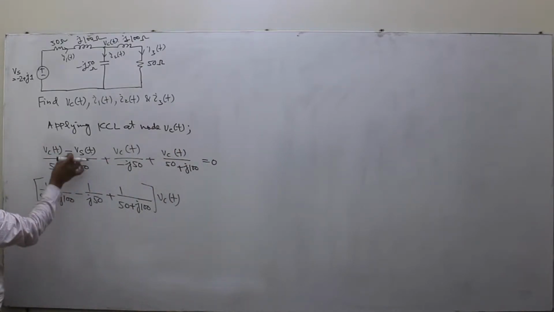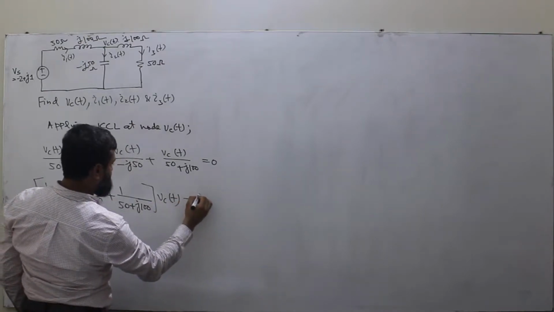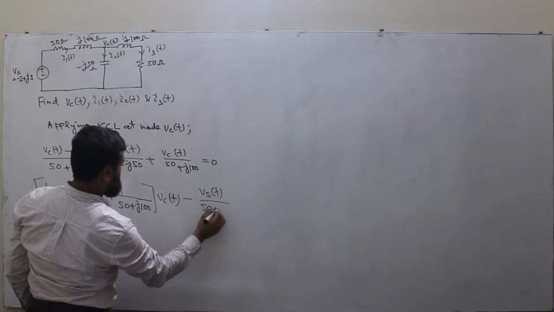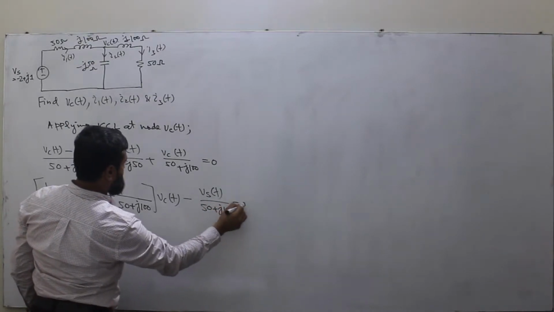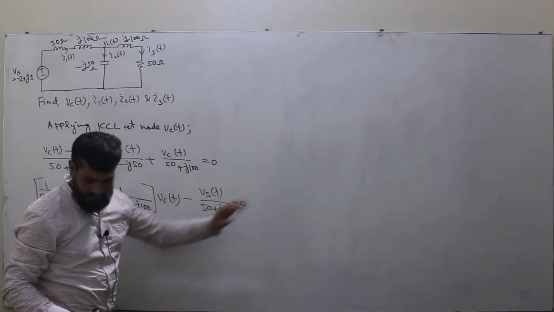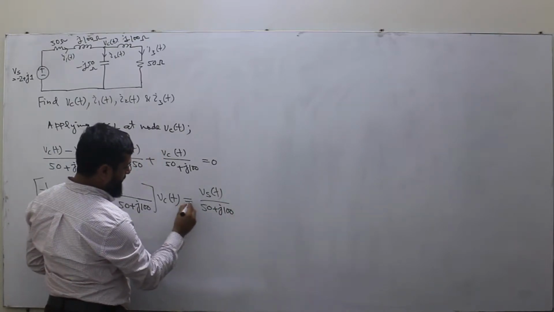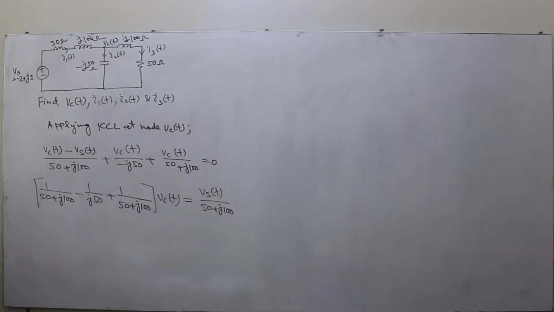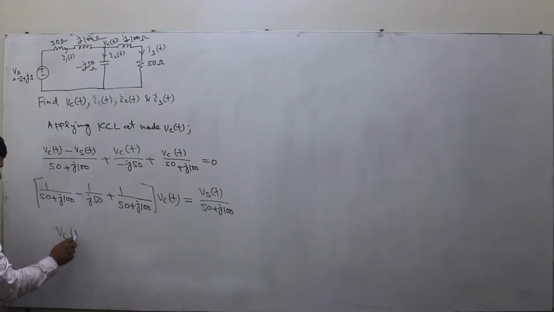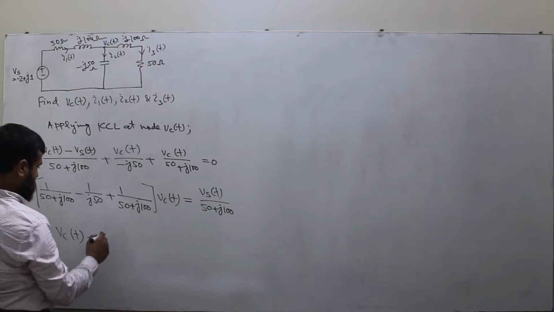And this term, Vs(t) divided by 50 plus j100, is equal to 0. If this is taken to the other side of the equality sign, it becomes positive. So this is what we have now, and now we have to simplify it. You can find the value of Vc(t) by simplifying this.